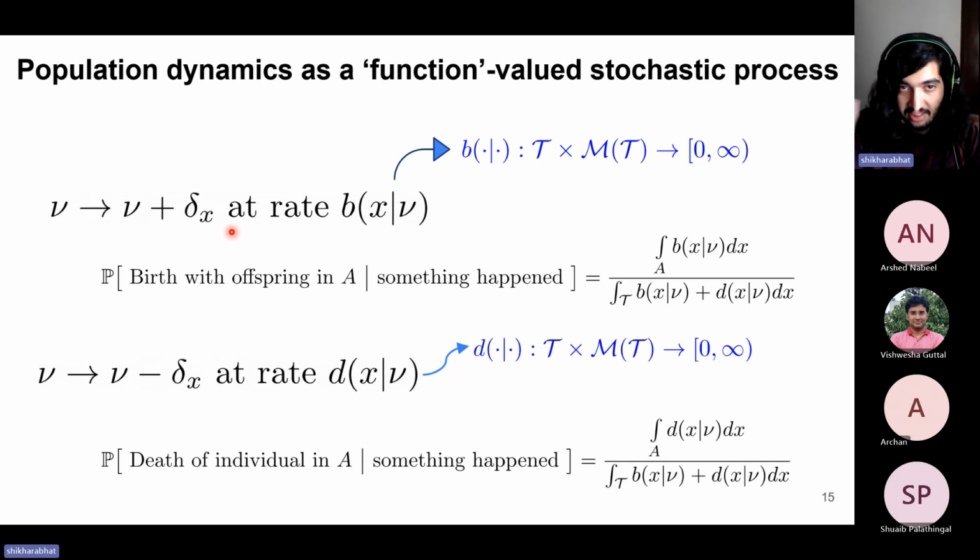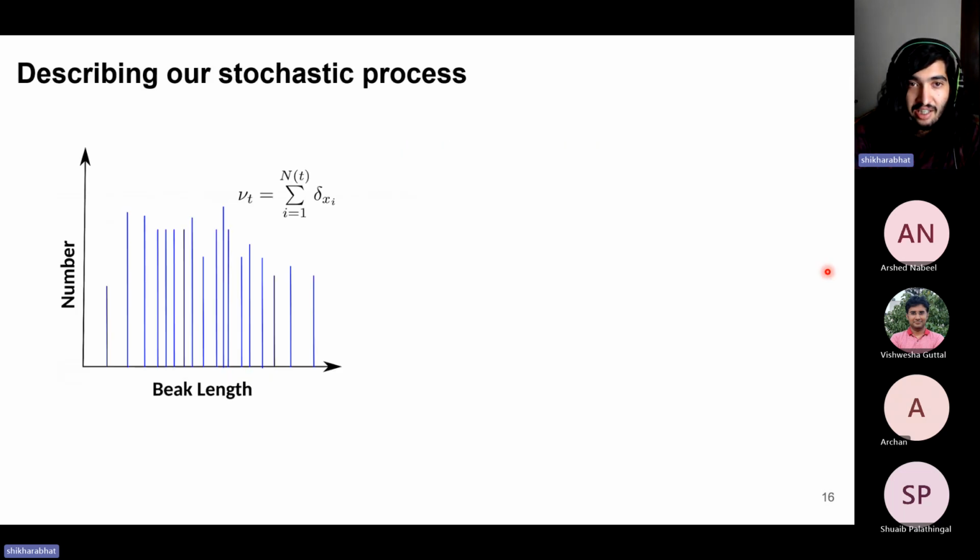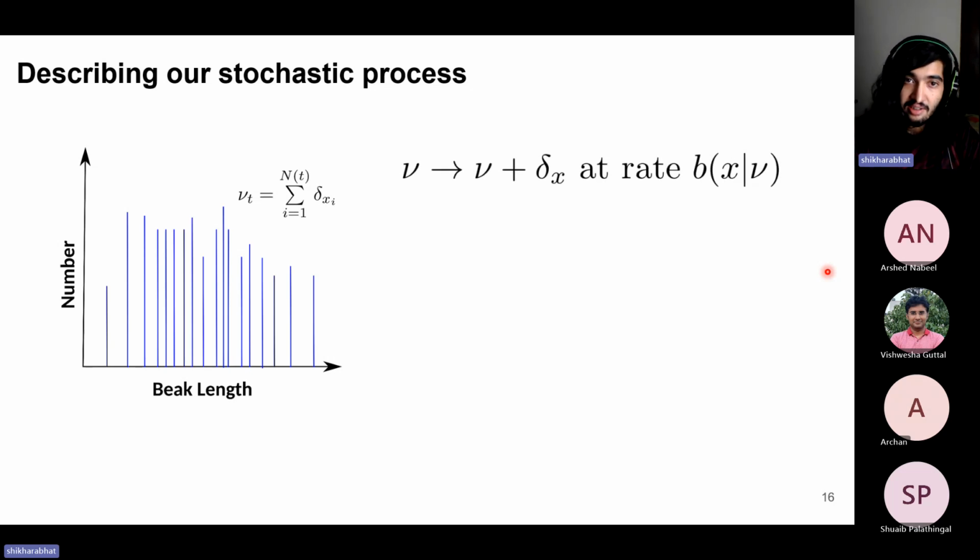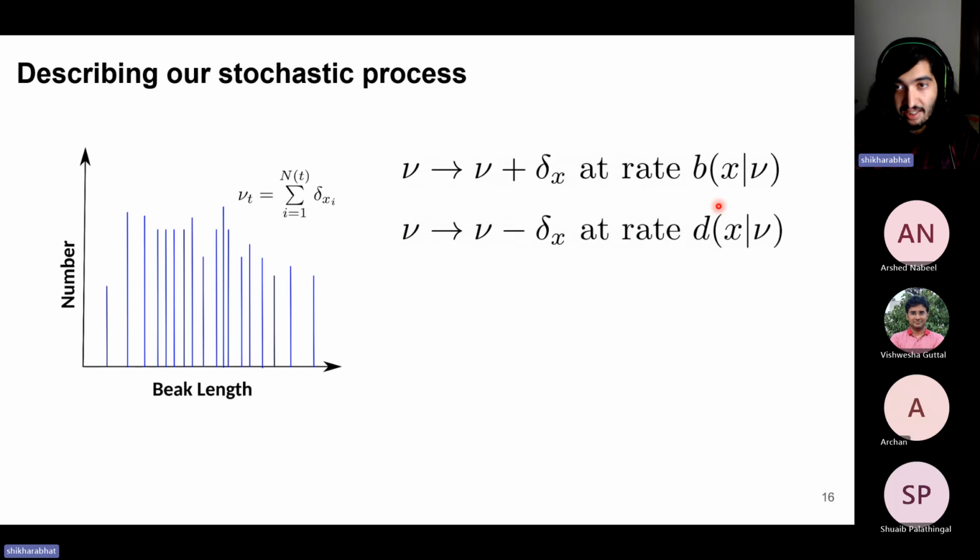So this describes our population in principle, but we don't have an idea of what is going on yet. And we will try to describe our stochastic process the way we did before. Remember we just said there is birth at rate b of x given nu in a population nu at a point x, and the death rate of individuals at the point x in a population nu is given by d of x given nu.